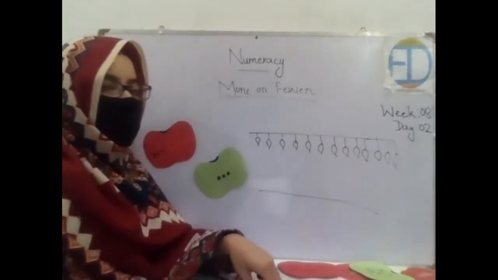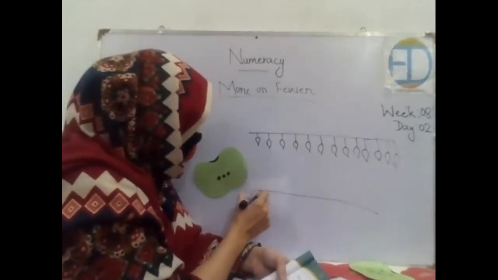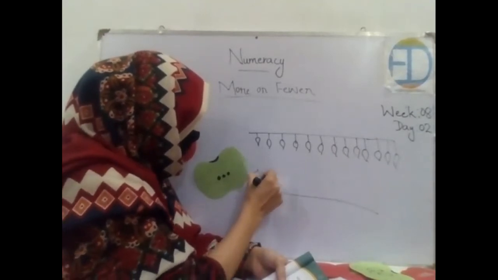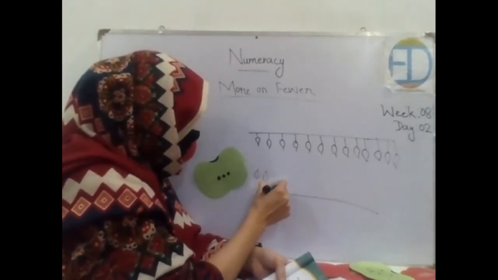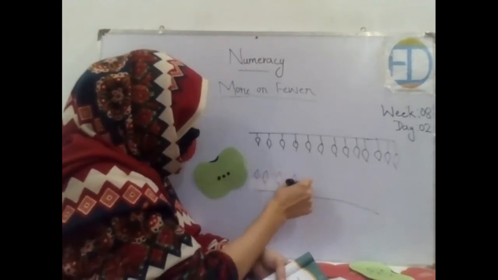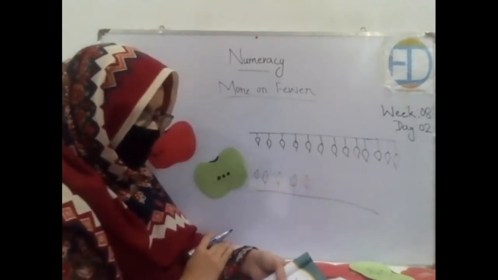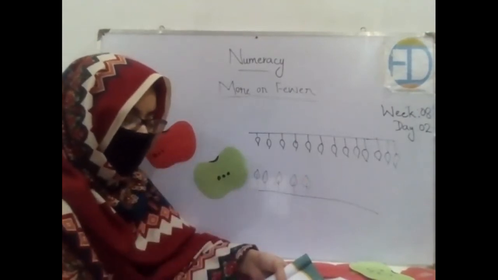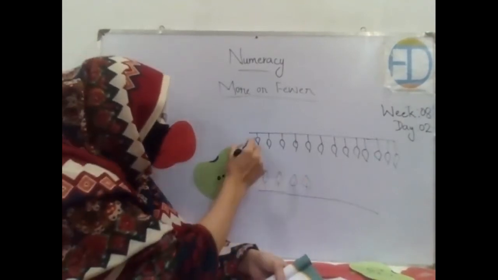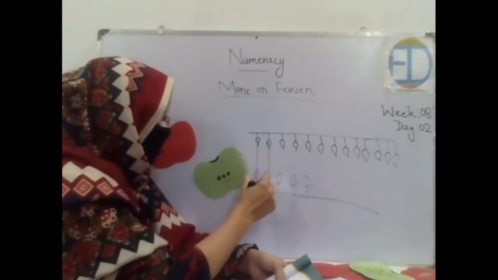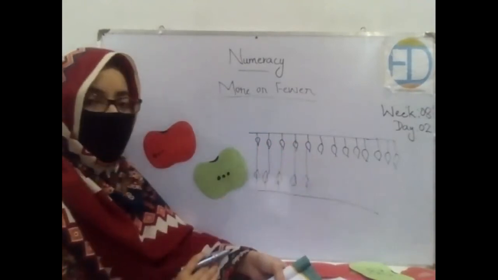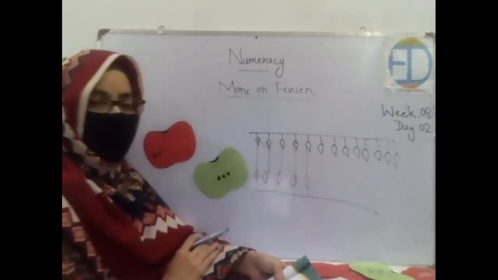On A we have a total of 13 fishes, and on B we have only 5 fishes, right? So it asks how many fishes are more in rod A than rod B. So first what will you do? You will make a cross and cancel all the fishes that are in both, right?